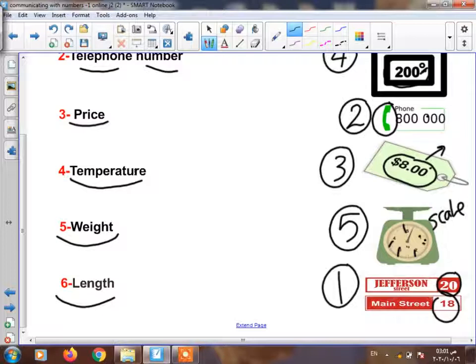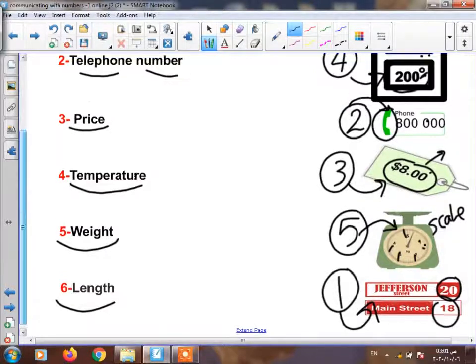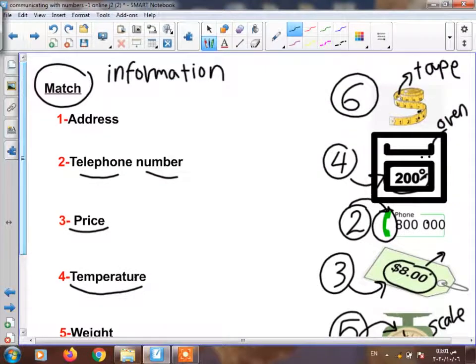Number 1 beside the address sign. Number 2 beside the telephone number. Number 3 beside the price tag. Number 4 beside temperature. Number 5 beside weight. And number 6 beside this tape for length.